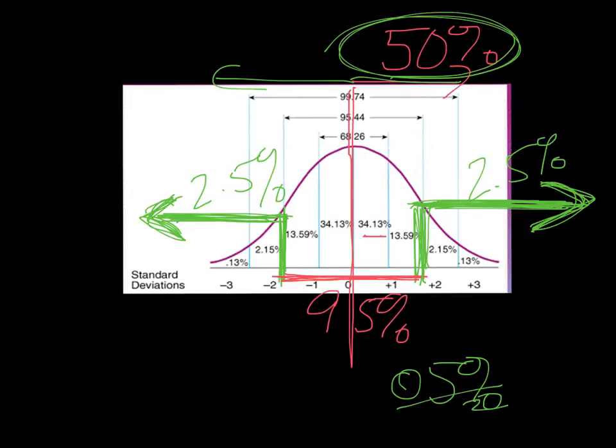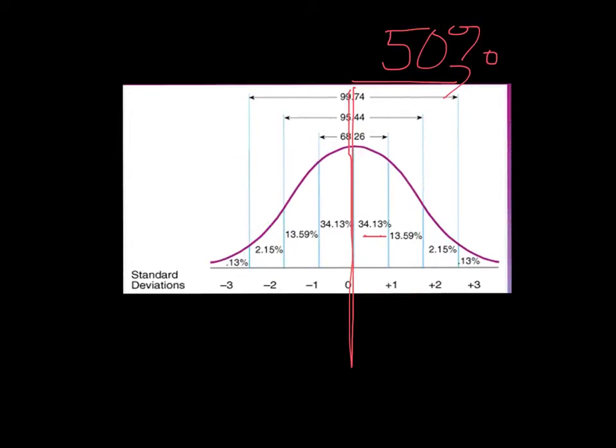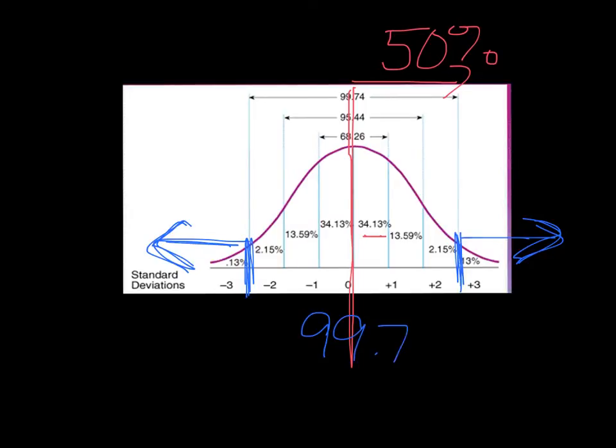And then the same idea works for 3 standard deviations. So we'll draw the line here, you draw the line here, and the question is then asked of you, how much is in between those 2 blue lines? Well, that's 99.7%.